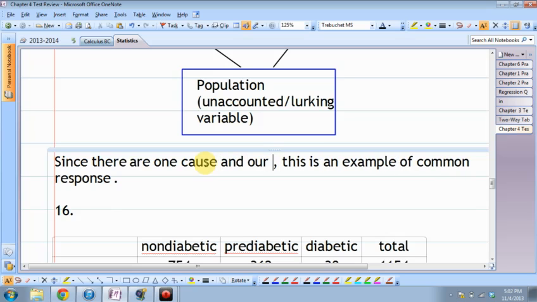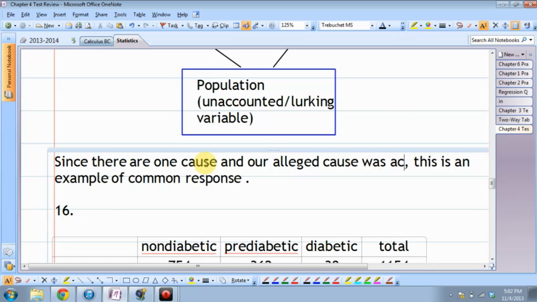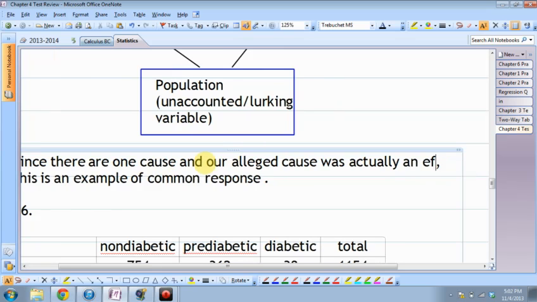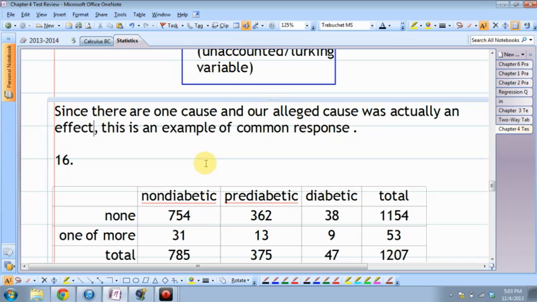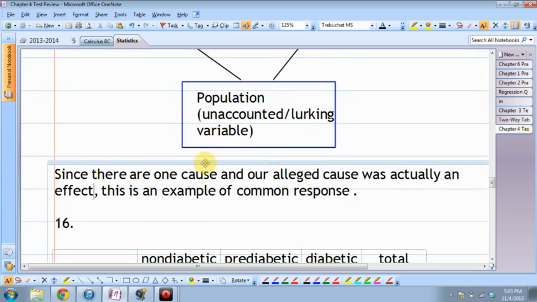And our alleged cause was actually an effect. What we thought was a cause was actually an effect. This is a common response relationship.